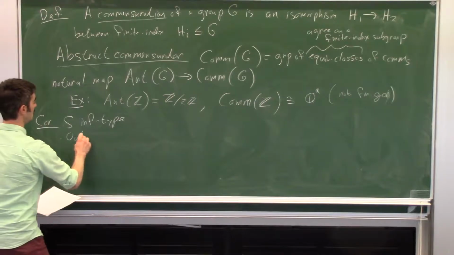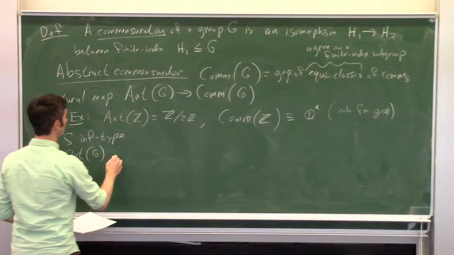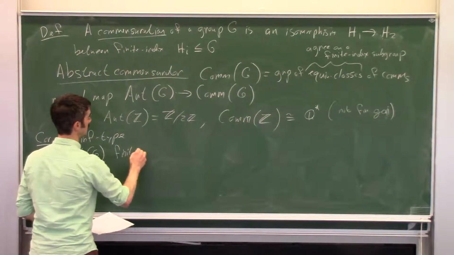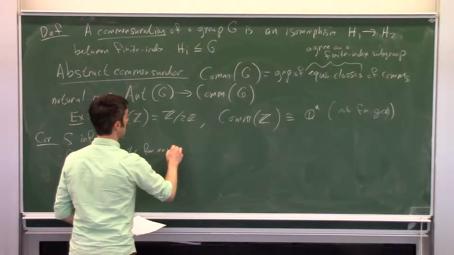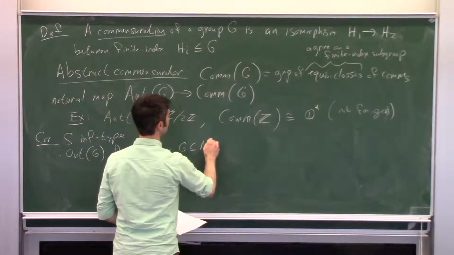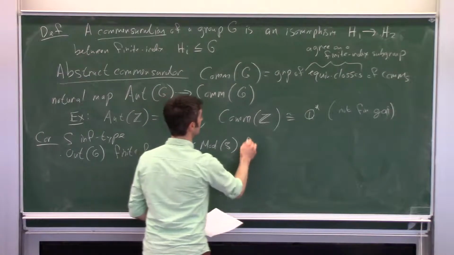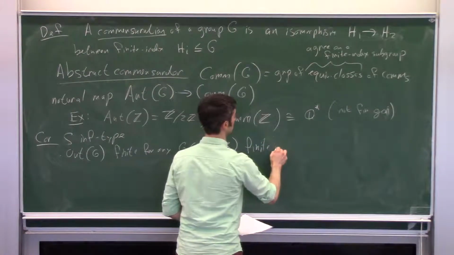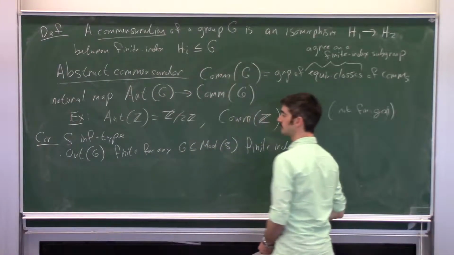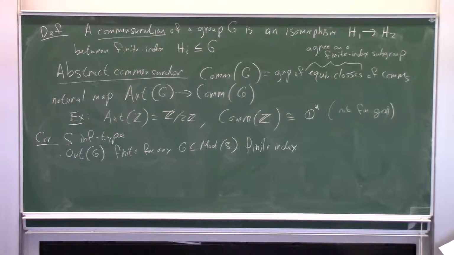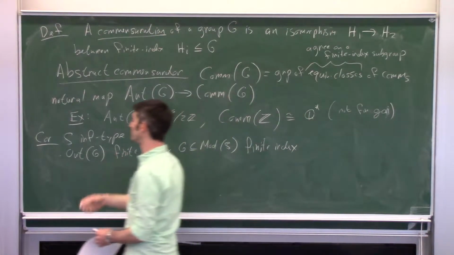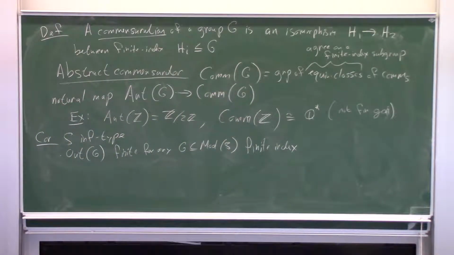So first of all, Out of G will be finite for any G finite index in the mapping class group. So the theorem says if you take any finite index subgroup, you have an automorphism from G to itself. Well, it's just induced by some automorphism of the whole group. Again, it's a finite index subgroup, so the index there is finite.